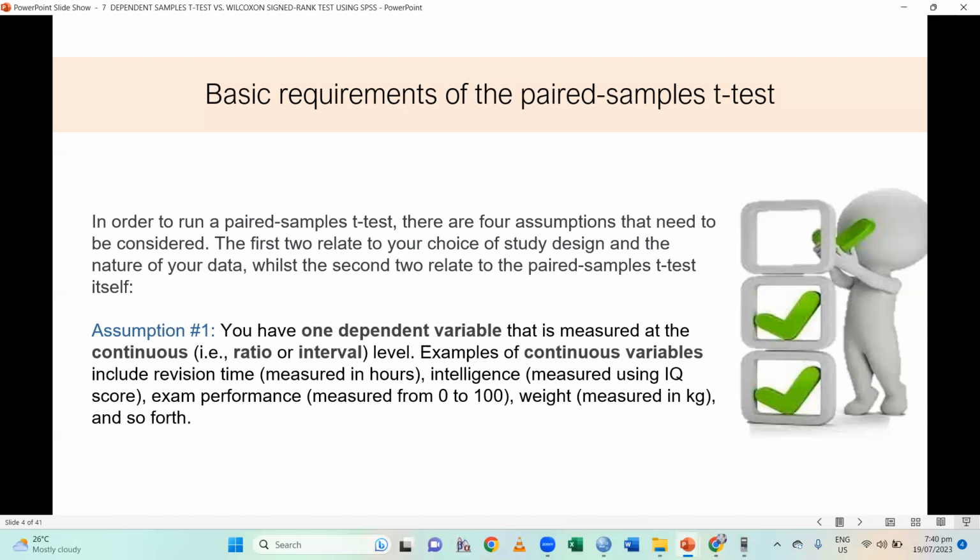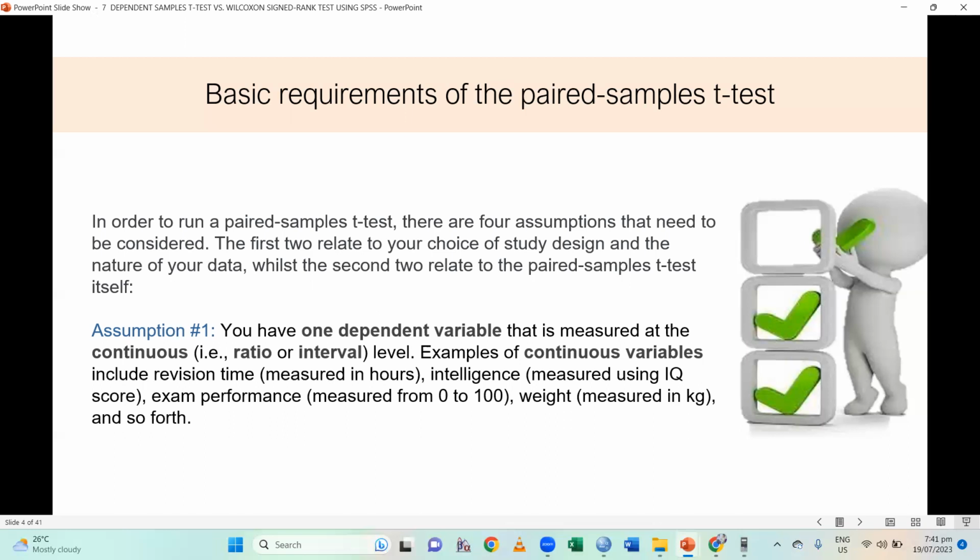Assumption number one, you have one dependent variable that is measured at the continuous level, such as ratio or interval. Examples of continuous variables include revision time, measured in hours, intelligence, measured using IQ score, exam performance, measured from 0 to 100, weight, measured in kilograms, and so forth.